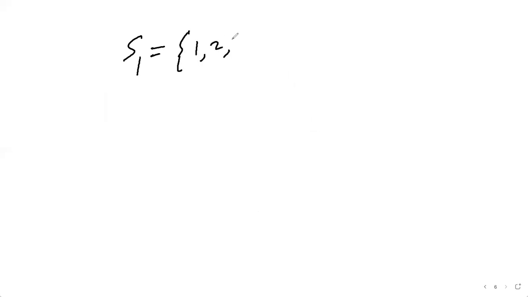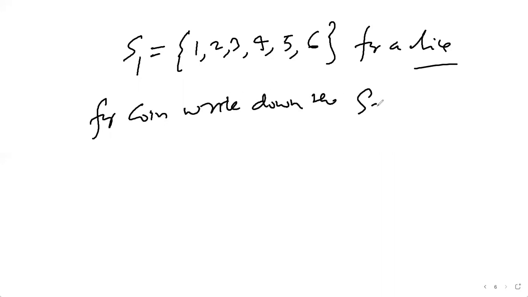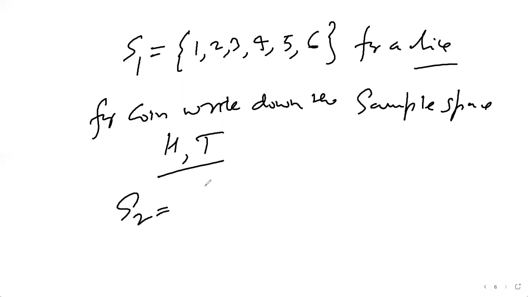Dice में 1, 2, 3, 4, 5, 6. This is the sample space for a dice. And what about the sample space for a coin? For a coin, you know that there are 2 possibilities, head and tail, right? So what will be the sample space? H, T. This will be the sample space for a coin, right?